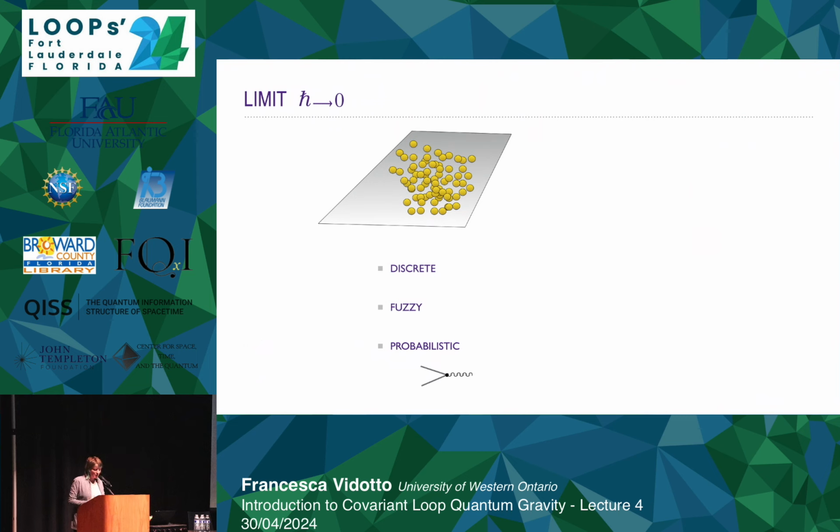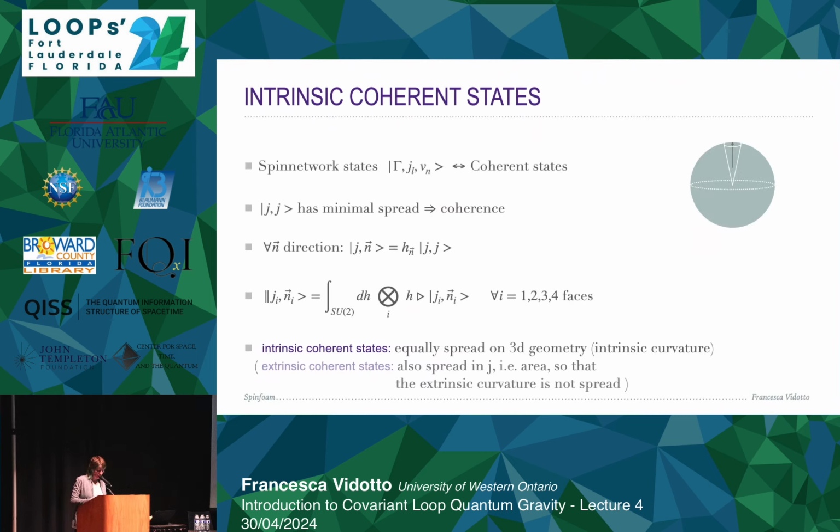So now I remember why I wanted to start with this. When we define the coherent states, what we were doing to construct them was to pick up the case of the highest possible spin. When you study the theory of angular momentum, this is something well known.